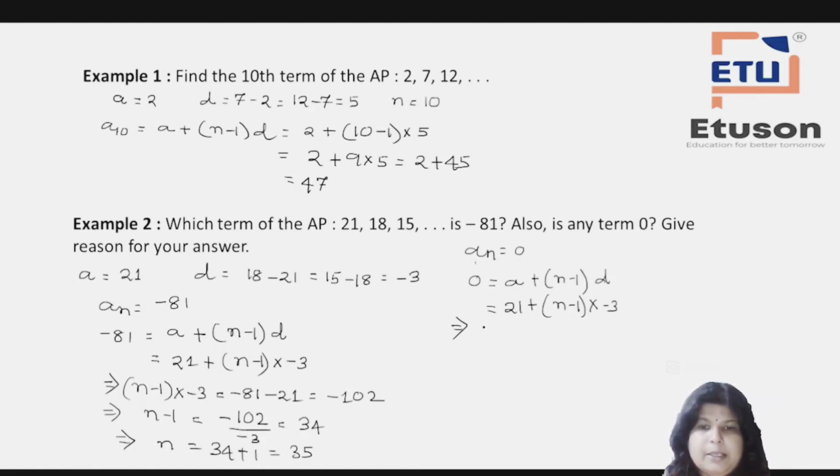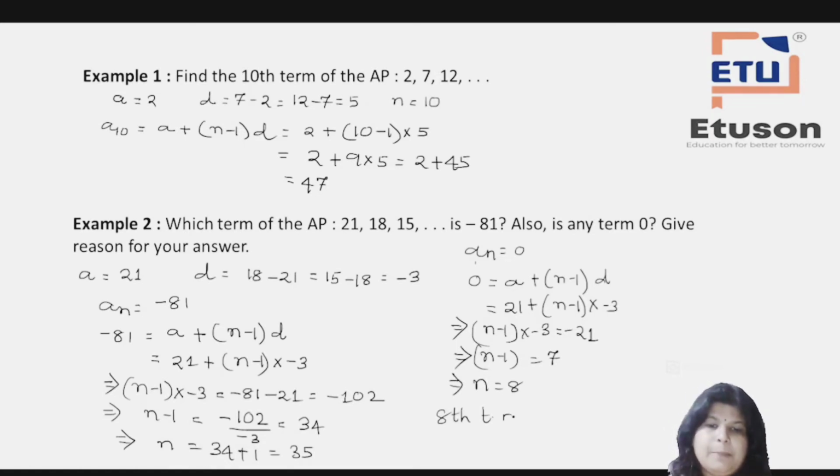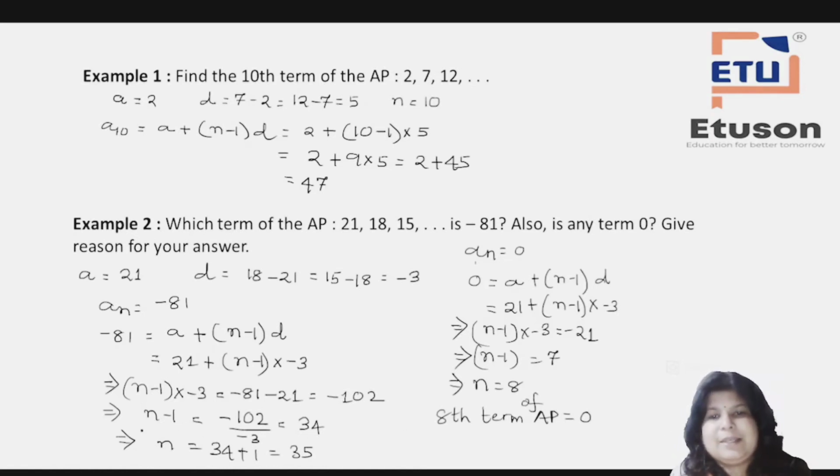It implies n minus 1 into minus 3 is equal to minus 21. It implies your n minus 1 is equal to 7. So n is equal to 8. So the 8th term of the AP is equal to 0, and the 35th term is equal to minus 81.